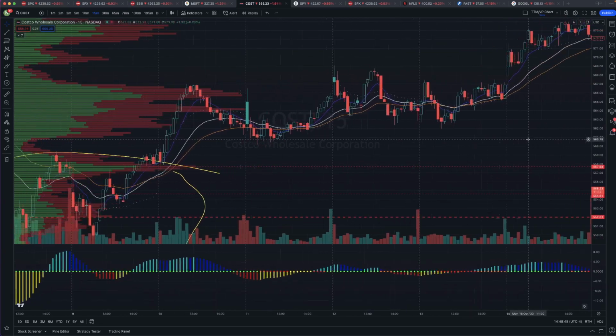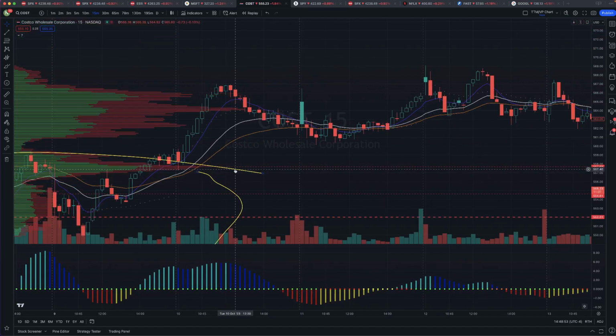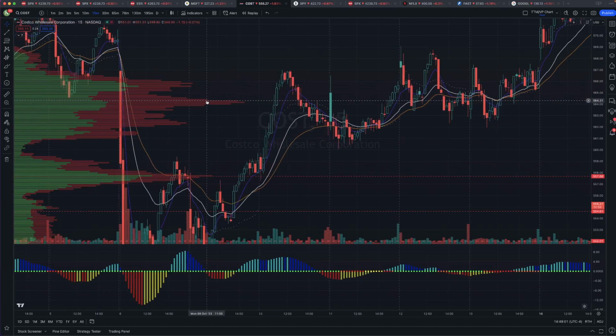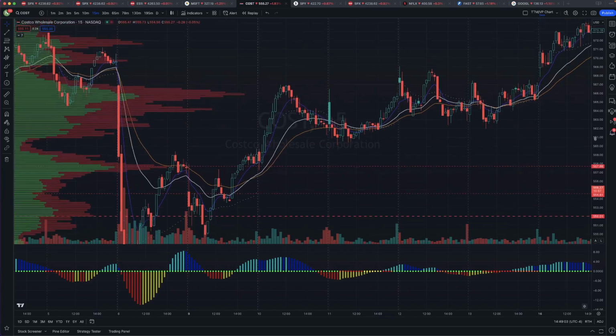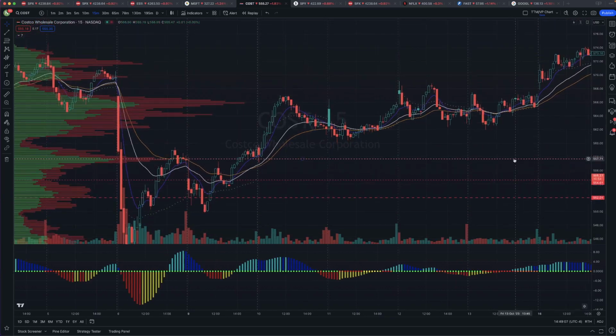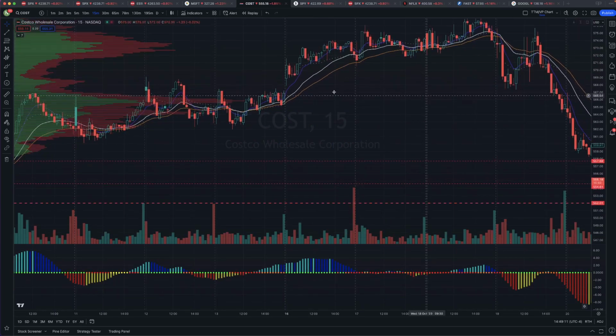Let's try and look at this range right here. I'm just trying to find a good example of how, no, that's not going to work. Let's see. The best way that you can really clearly read how it works.